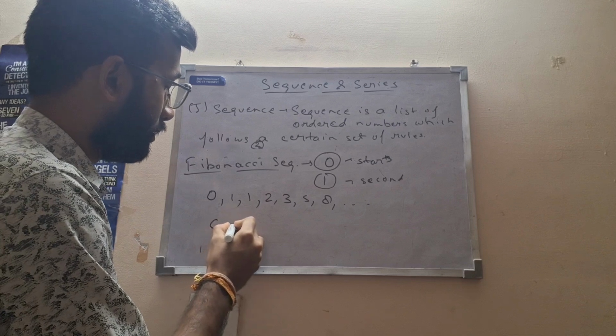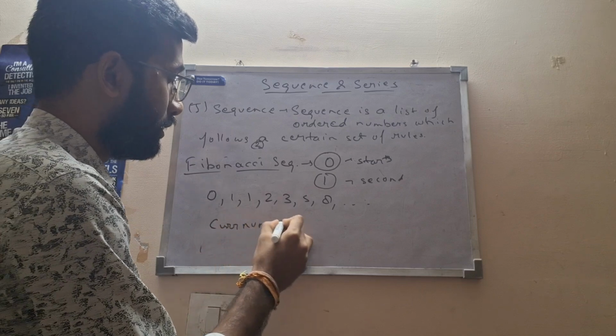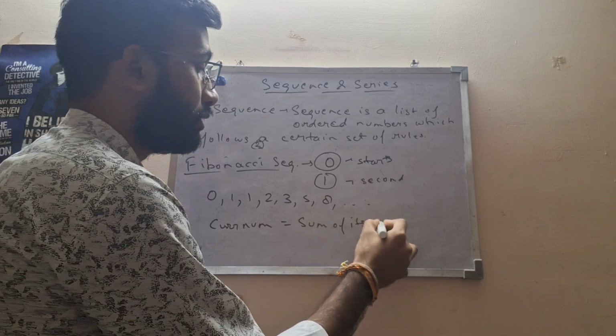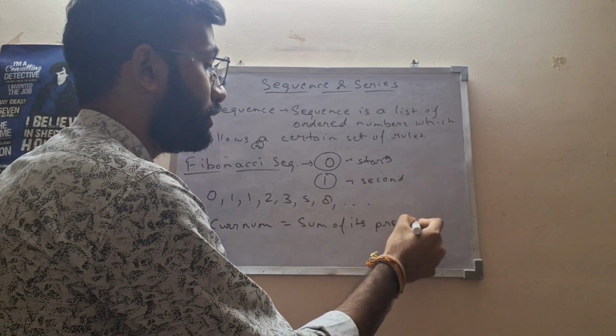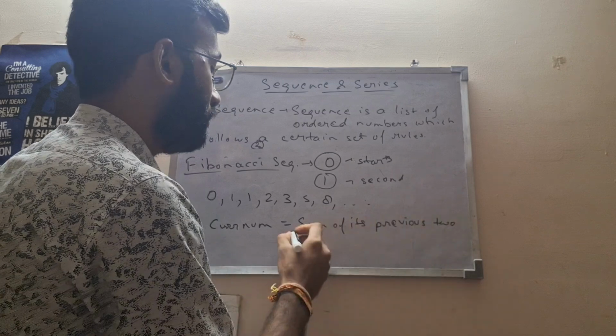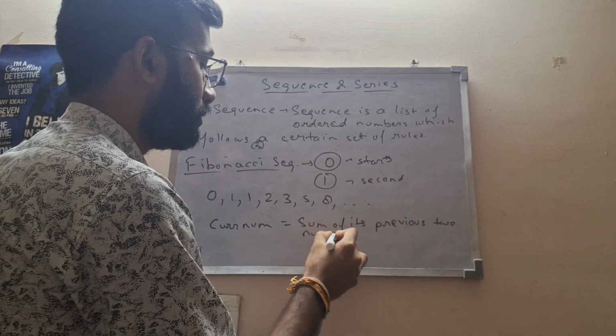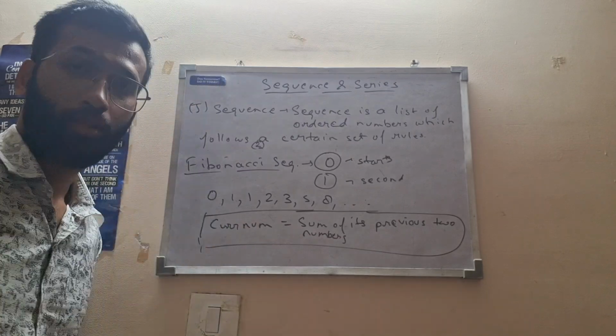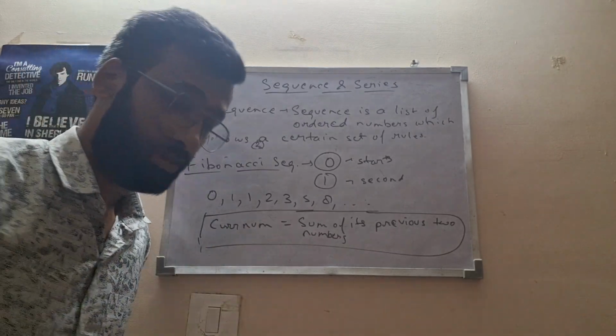The current number is equal to the sum of its previous two numbers. Okay, so this is a Fibonacci sequence.